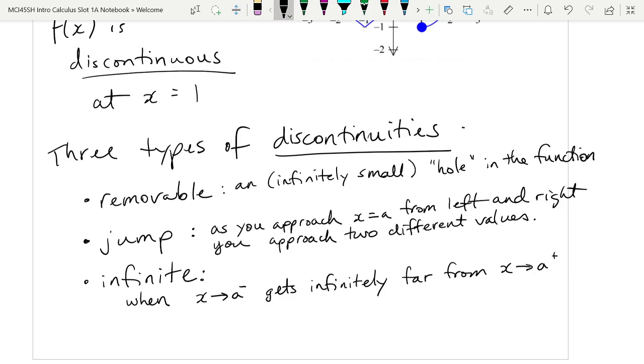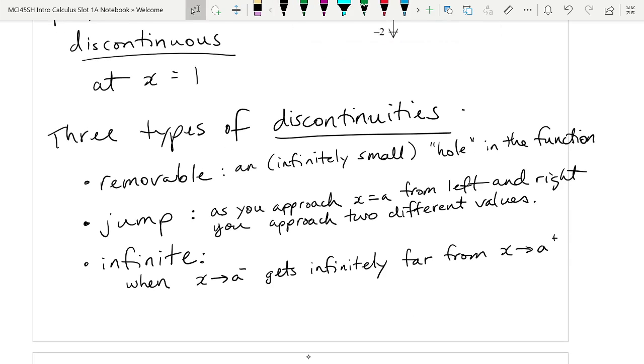Any idea what kind of thing I'm describing? A good example of this would be, suppose I wanted the limit as x approached 0 of 1 over x. What happens when you get closer and closer to 0 for 1 over x? What kind of a thing are you talking about here?